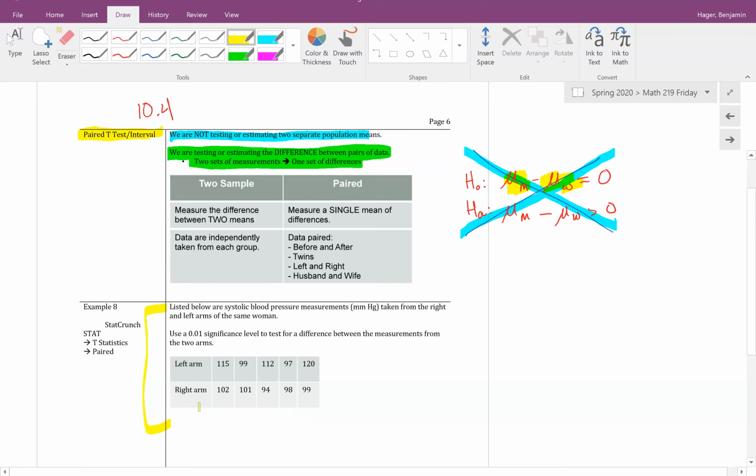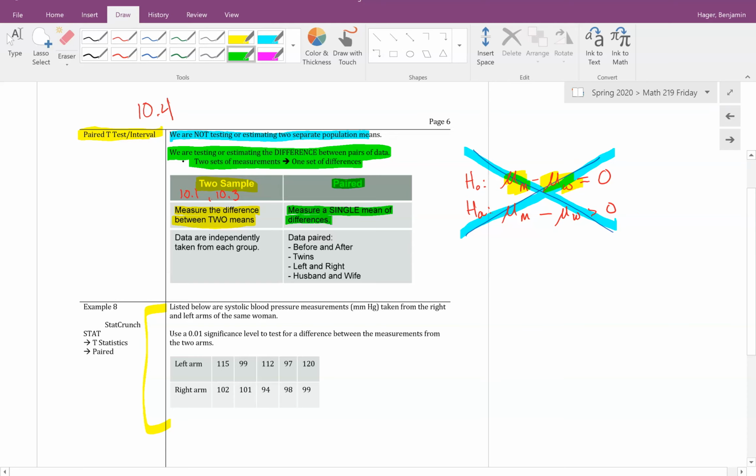But when we're dealing with two sample stuff, so again, this was like 10.1 and 10.3, okay, for two sample stuff, we are measuring the difference between two means or proportions, right, depending on what the problem is asking for. When we're dealing with paired information, we are basically taking a single mean of the differences between the two data sets.